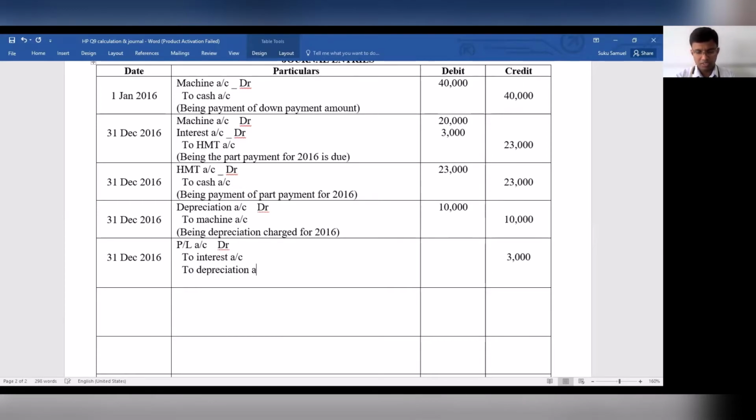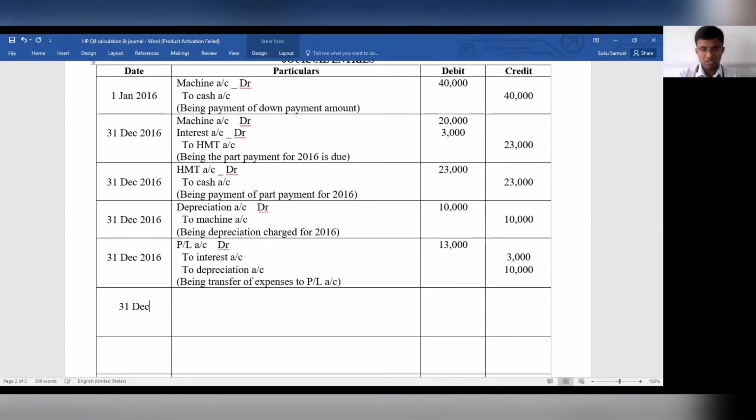So these are the two direct expenses that we have to transfer. So this will turn out to be 13,000. Being transfer of expenses to profit and loss. Okay, so with that, we have completed the journal entry for the first year.